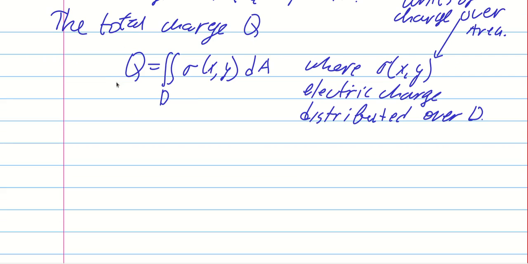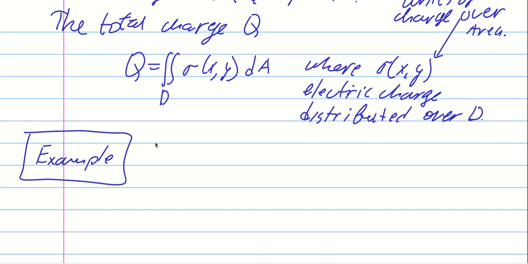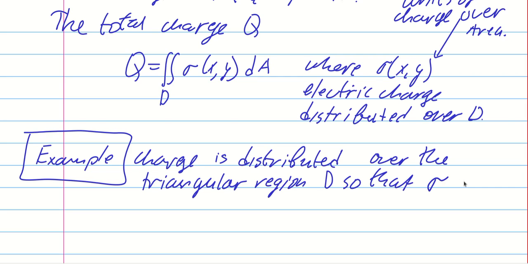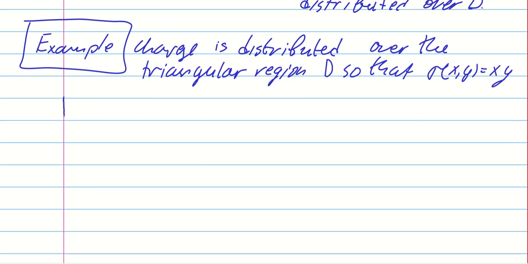All right, so let's do an example. In this example, we have a charge that is distributed over the triangular region D, so that sigma of x y is equal to x y, and the region is given by this picture.